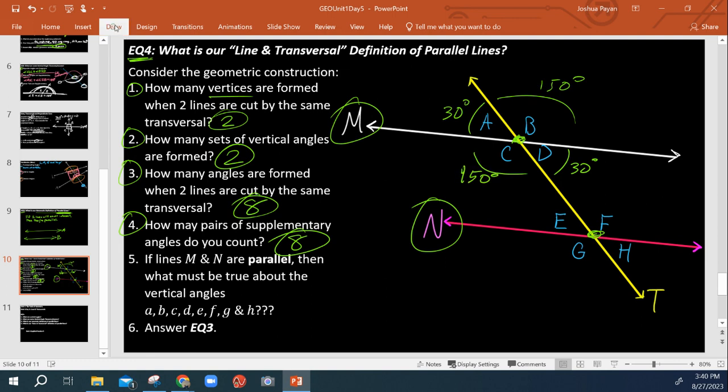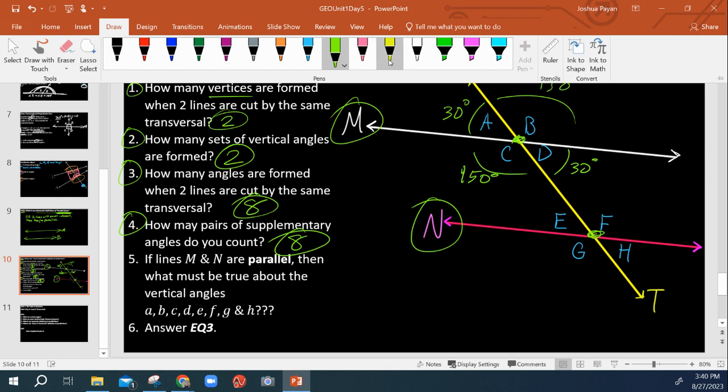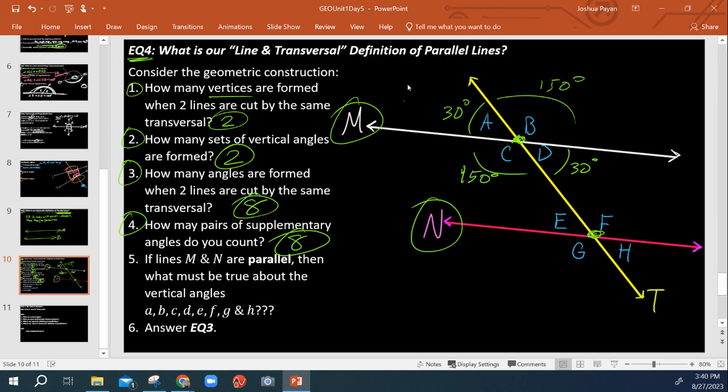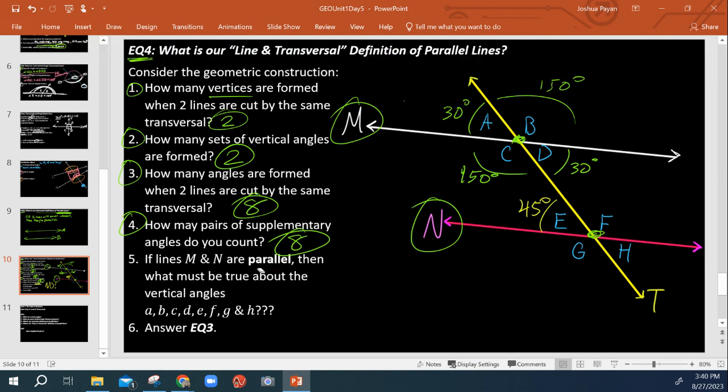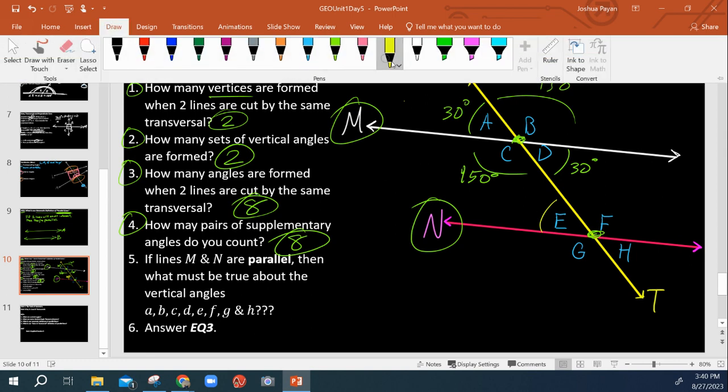Well, what does that tell us about line N? Would it be possible for E to be 45 degrees and M and N still be parallel? The answer is no. What would have to be true if they are parallel, and again, this is axiomatic.